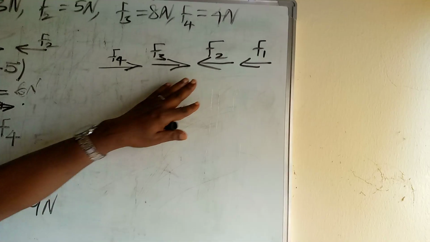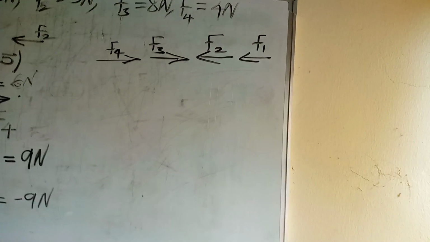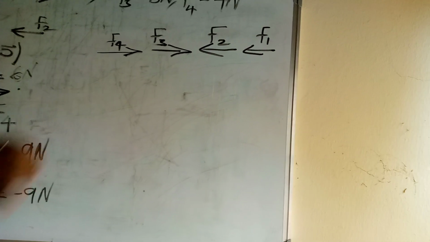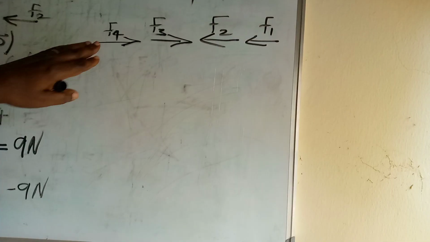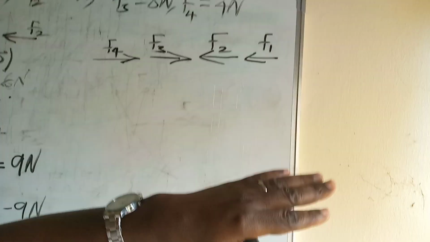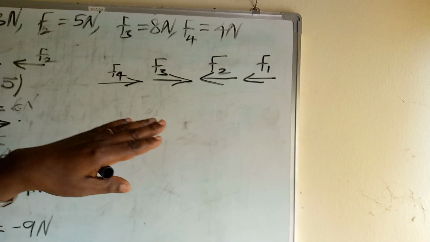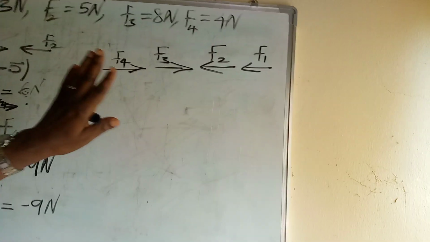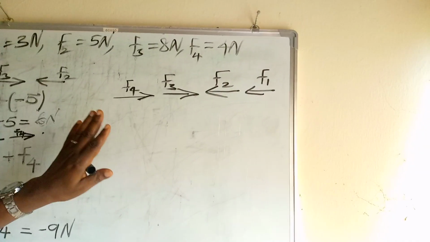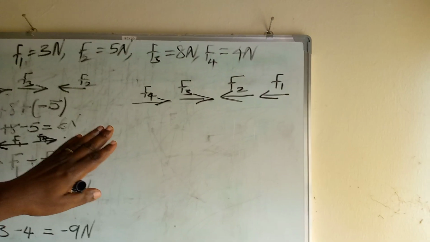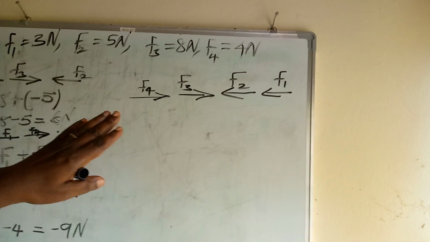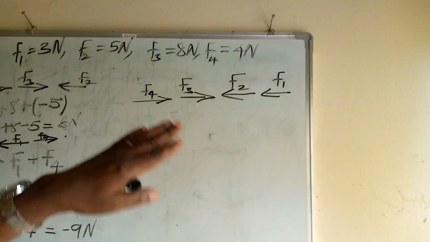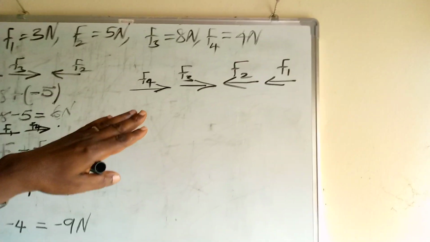It's like a kind of tug of war. F4 and F3 are pushing F2 and F1, to get the resultant, that is the net force this time, of this arrangement of pushing between the two sides.